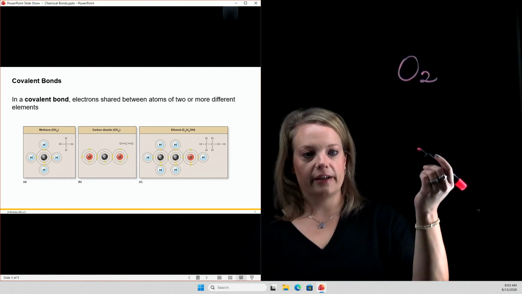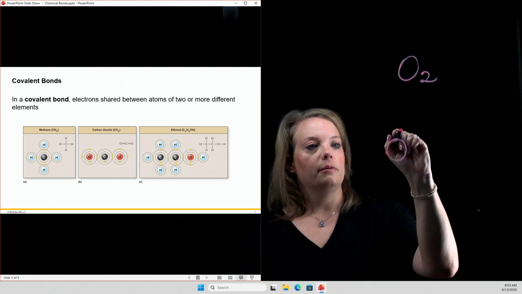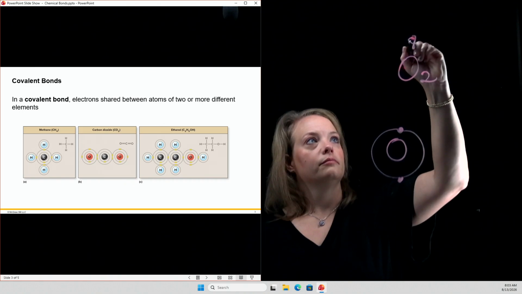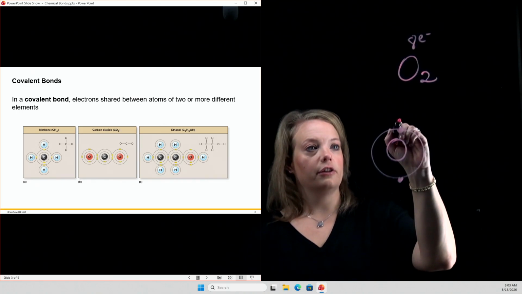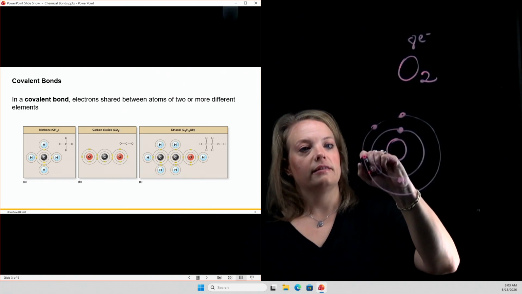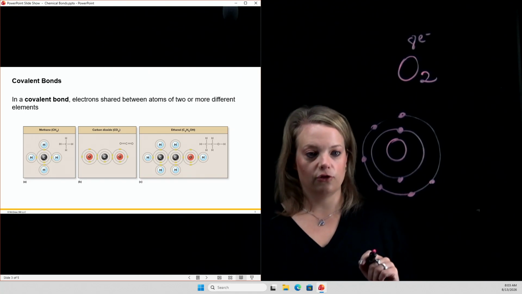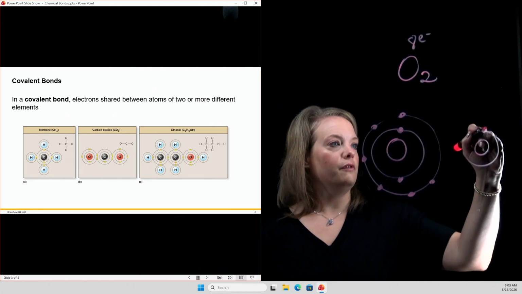So if we look back at the periodic table, oxygen has 8 electrons. So that means it's going to have 2 electrons in its first shell and 6 electrons in its second shell. So then we're going to draw another atom of oxygen.